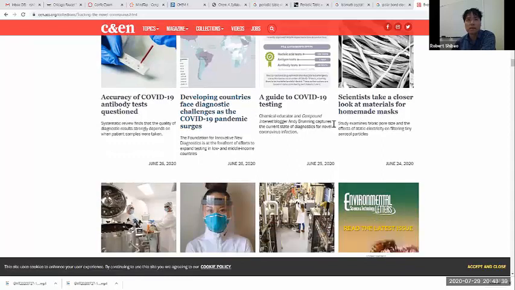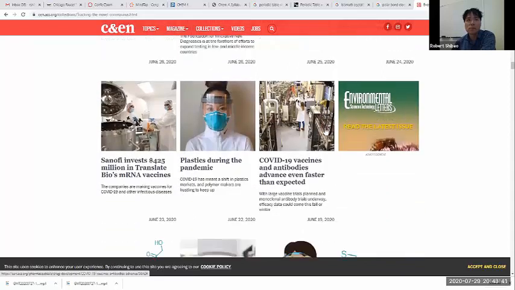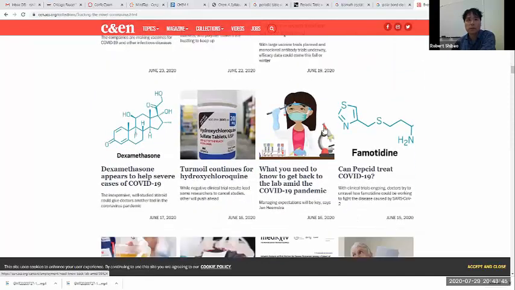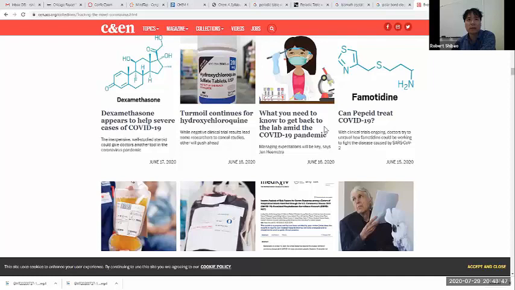Homemade masks. The articles are way back. Hydroxychloroquine. There's a lot of news about hydroxychloroquine. But, you know, the thing is, it's good to have a healthy debate about hydroxychloroquine. You know, you have the people who support it and the people who are against it, but, you know, let them fight it out.